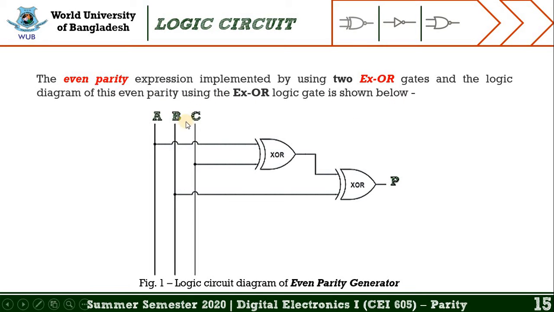If you remember the Boolean expression from the previous slide, you may find B XOR A XOR C, or A XOR B XOR C. That's why we need two XOR gates, and in the output section we get the even parity, which is either 0 or 1 for the defined condition. That's all for the even parity generator. Let's move into the next slide.